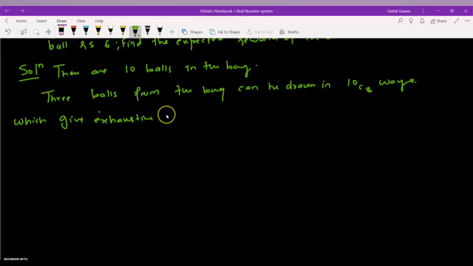Then the favorable number of cases for the white balls, and consequently the red balls, would be as follows.